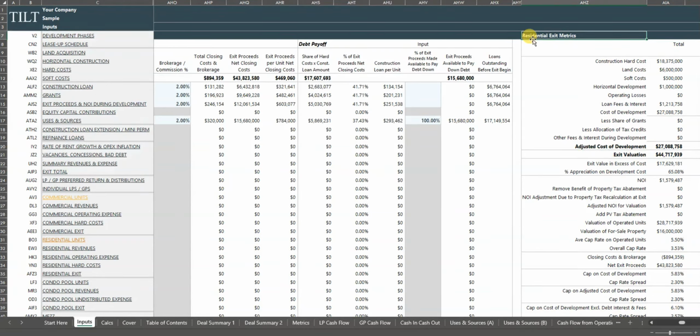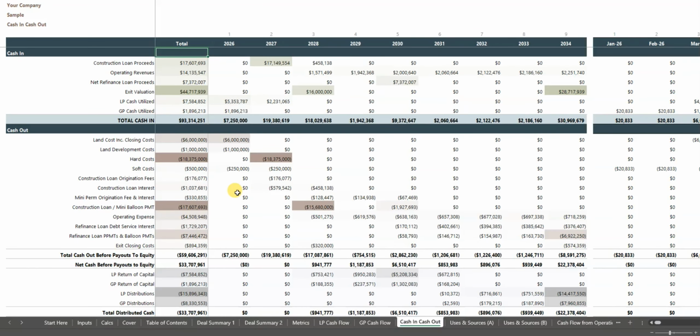And so if we take a look at what happens there, we'll see that in the cash in, cash out, for example, we have the exit valuation in 2028 for those townhomes, the other exit for the apartment building in 2034.